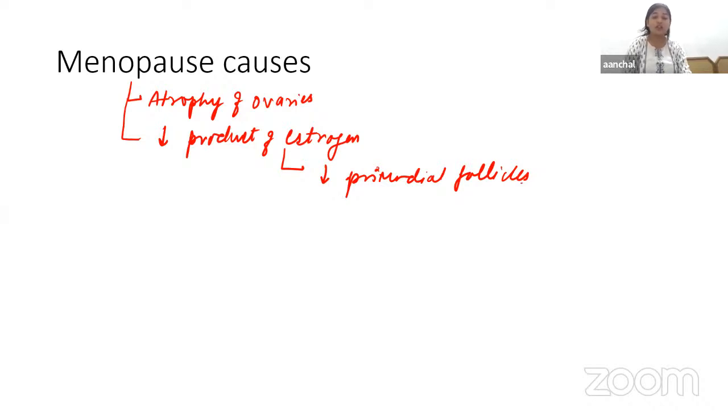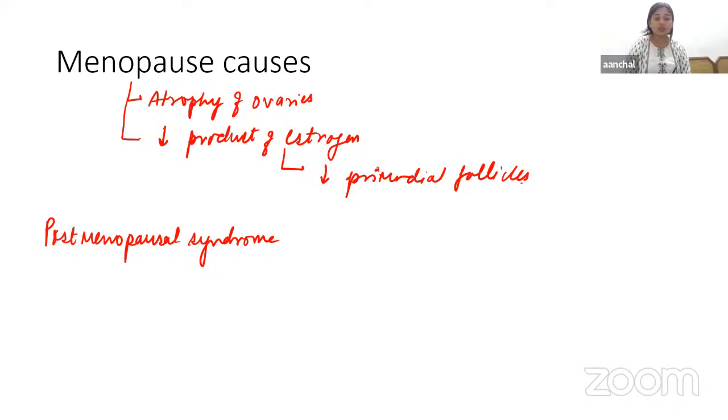Now, what are the changes that occur during this period? Changes during menopause, which we can also call postmenopausal syndrome.